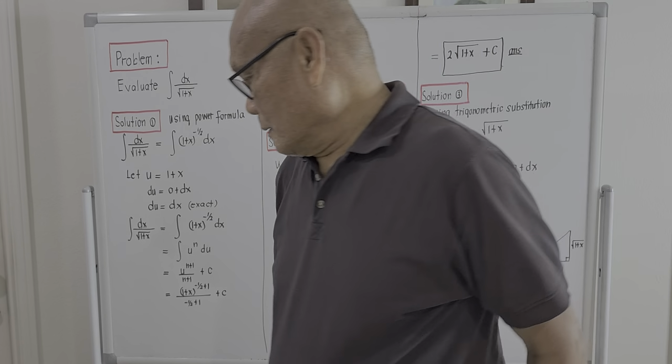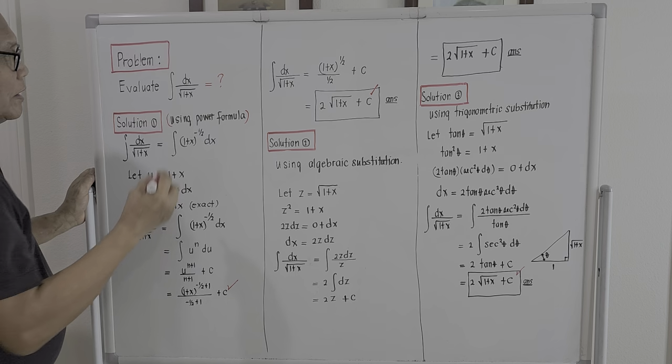Okay, let's try to bring out the first solution. On first look, the problem seems to be an easy one. The integral of dx over the square root of 1 plus x. Solution number 1 is by using the so-called power formula.